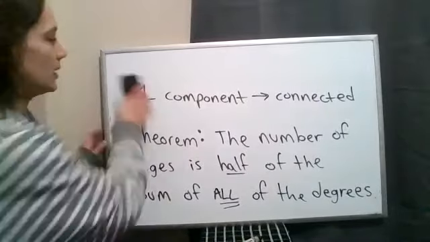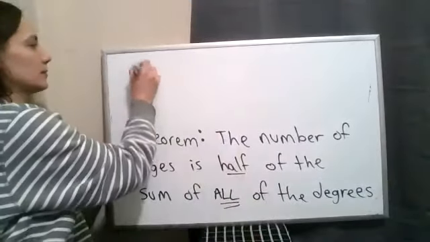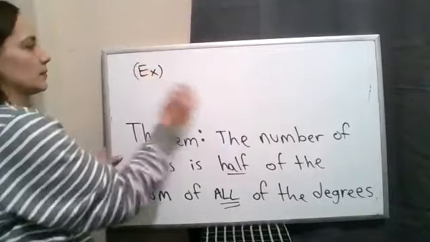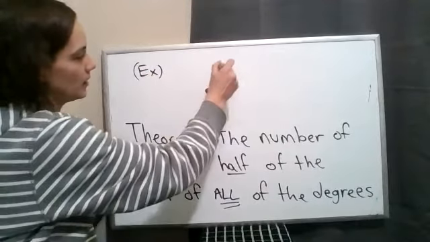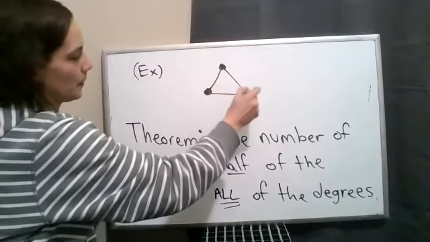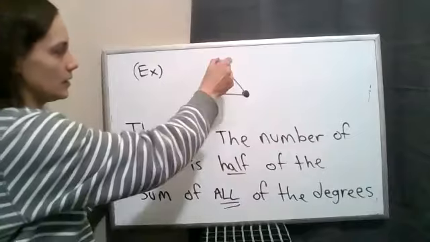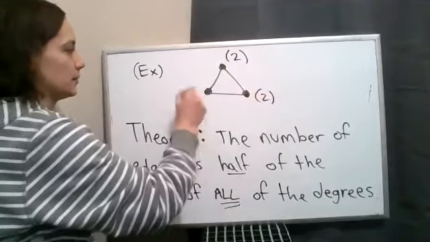Let's do an easy one. Let's just do a triangle. There's 1, 2, 3, and back. It's degree 2. Degree 2. Degree 2.